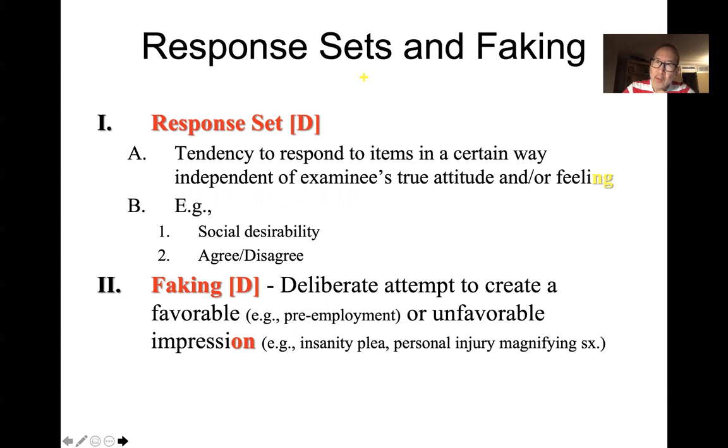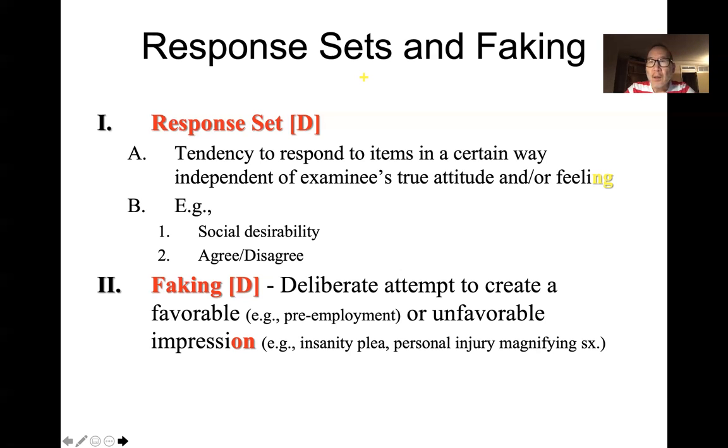The other concept which is really relevant to objective personality tests is the issue of faking. When you hear that term, it may mean very similar things in and out of psychology. But in psychology, it specifically refers to the conscious intent to present a certain presentation.